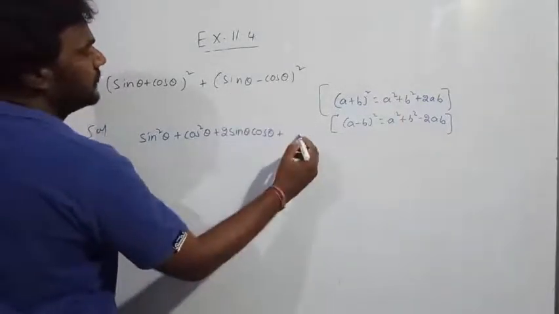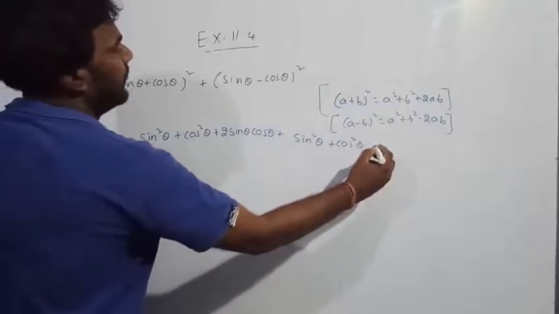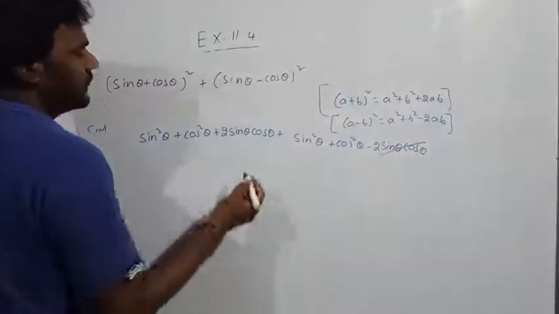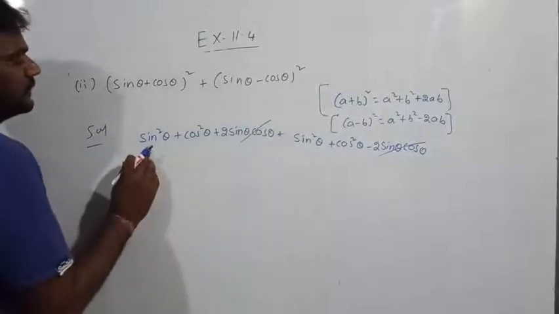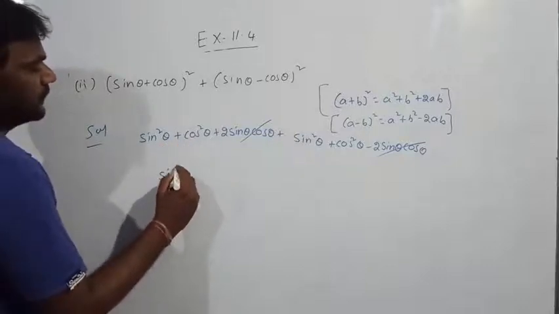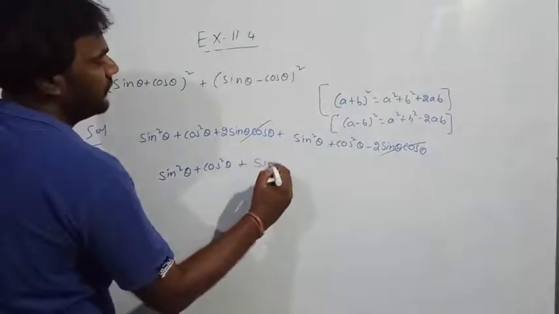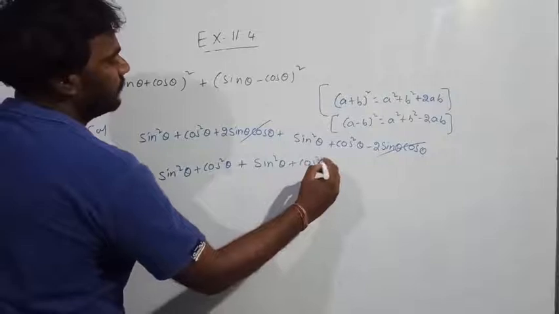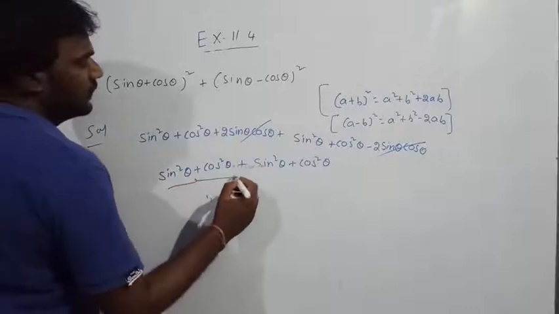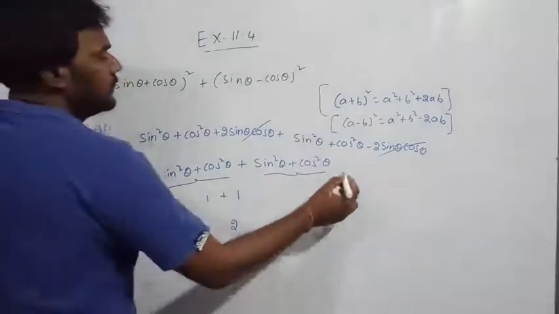This one a minus b whole square: sin square theta plus cos square theta minus 2 sin theta cos theta. Here minus 2 sin theta cos theta and plus 2 sin theta cos theta cancel. So remaining sin square theta plus cos square theta, here also sin square theta plus cos square theta. So already we know sin square a plus cos square a value is what? 1. This one also value 1. So 1 plus 1 is what? 2.